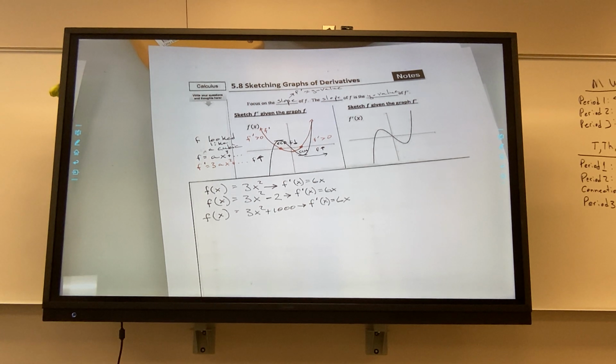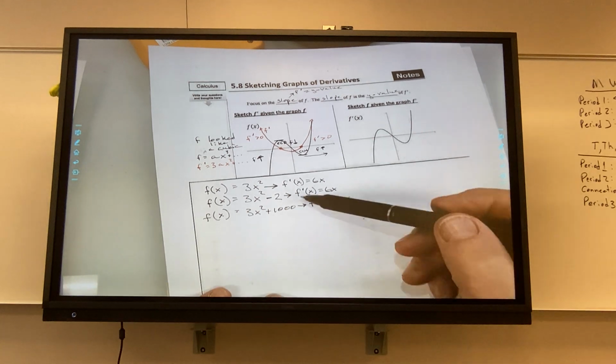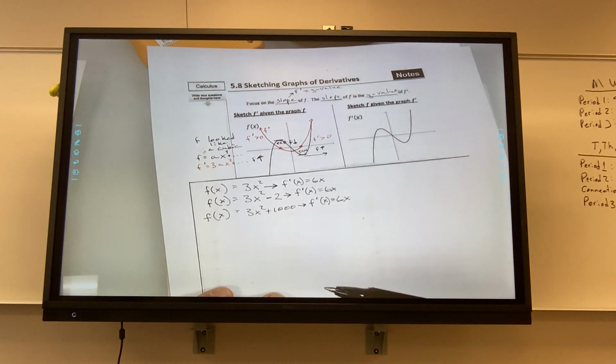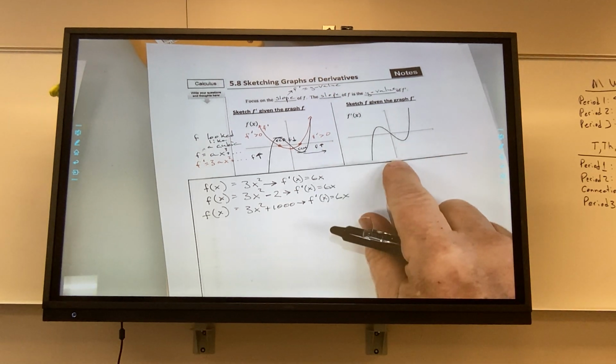Something went away. The constant, because the derivative of a constant is 0, right? And if you remember, when you add or subtract a constant, it moves the function up and down, correct? Okay. So, we're going to be reversing this one.